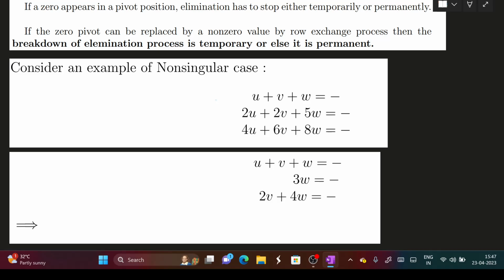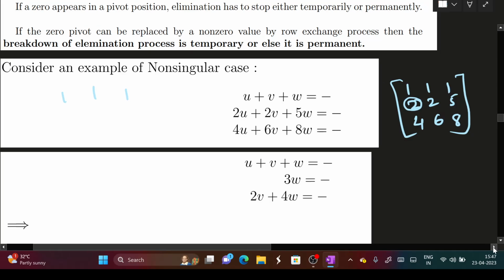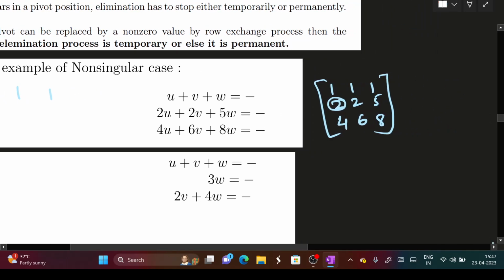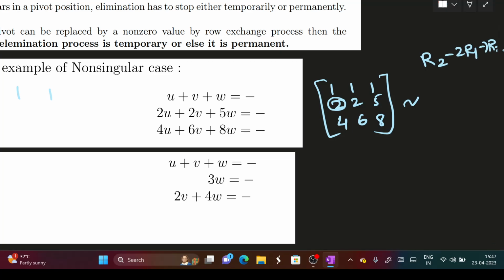The coefficient matrix here is 1, 1, 1, 2, 2, 5, 4, 6, 8. Now here my target is to make it 0. So what operation should I do? I should go for R2 minus 2R1 stored in R2.